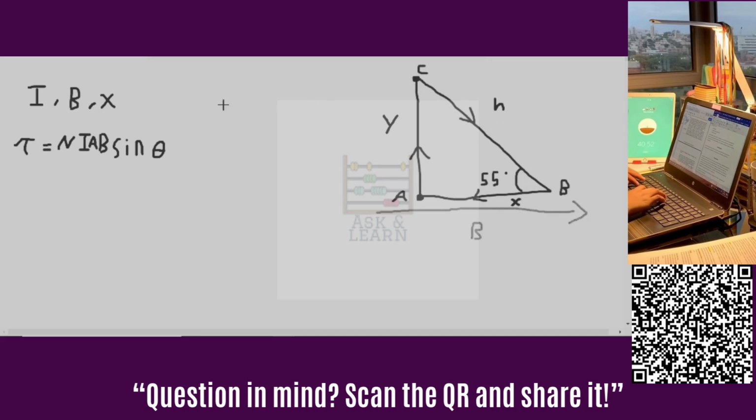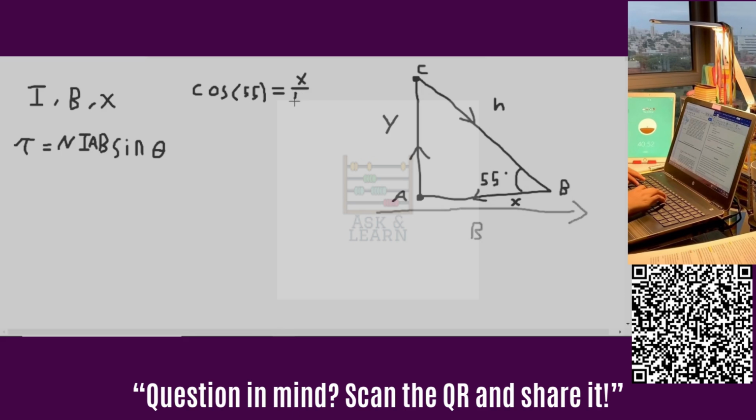So we're going to have to use some trigonometry here. We have the angle and we have side x, which is the side adjacent to our angle. If we take the cosine of our angle, which is 55, cosine of 55 is equal to adjacent over hypotenuse, or in this case, x divided by h.